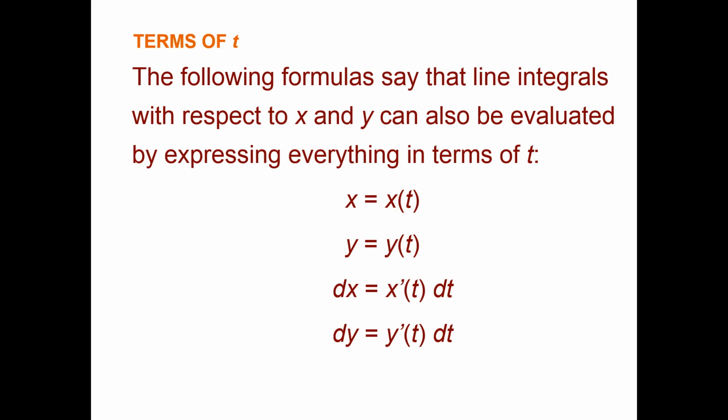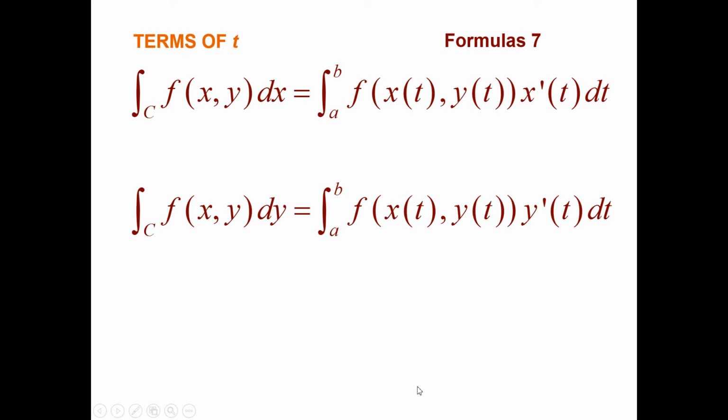Now in order to solve these integrals with respect to x and y, we again need parametric form: x is equal to x(t), y is equal to y(t). So dx will be replaced by x'(t) dt, and dy will be replaced by y'(t) dt.